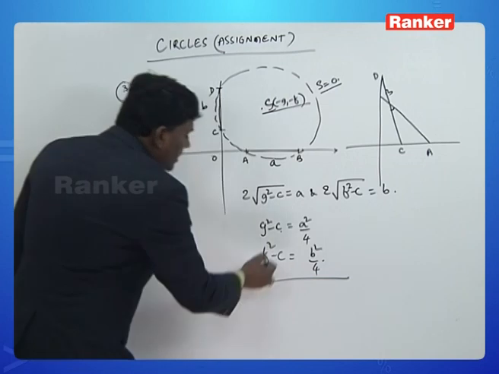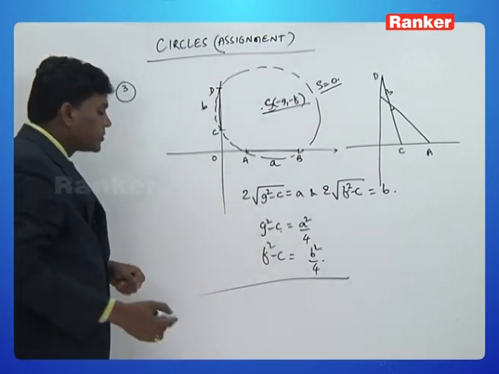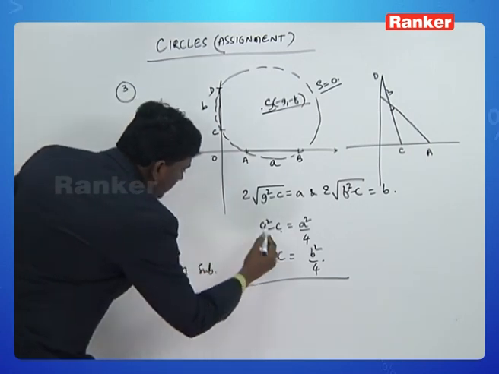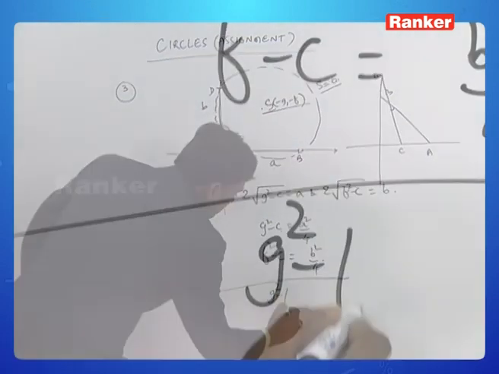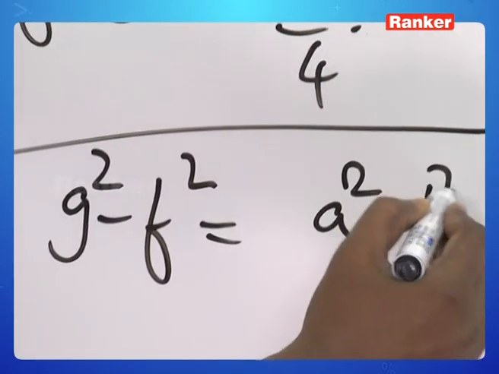So eliminating c can be done very comfortably by subtracting the two equations. On subtracting, we get g square minus f square equals a square minus b square by 4.